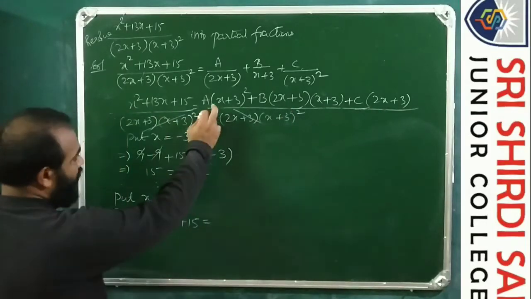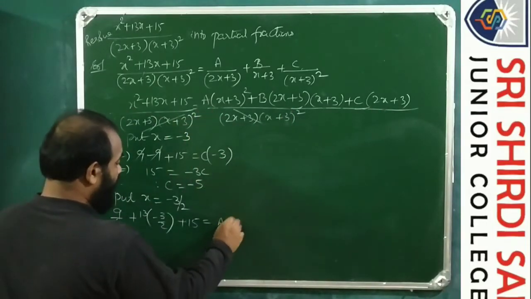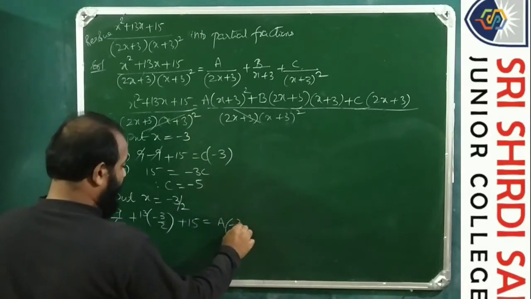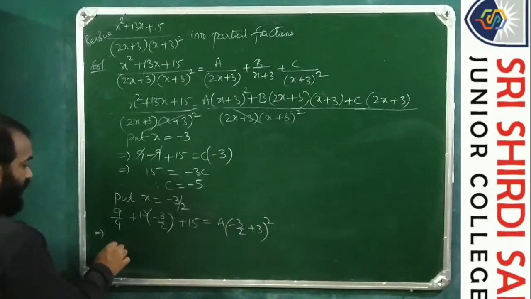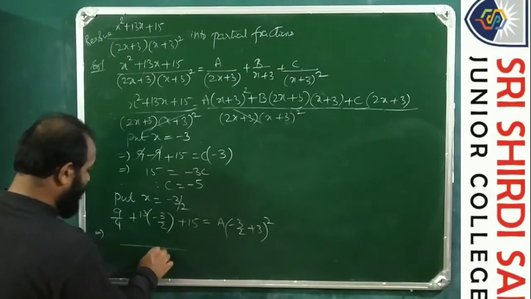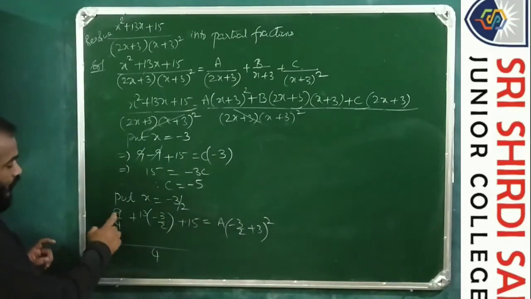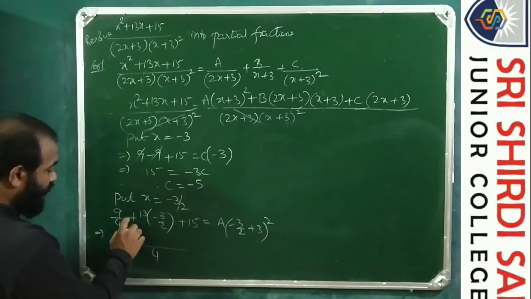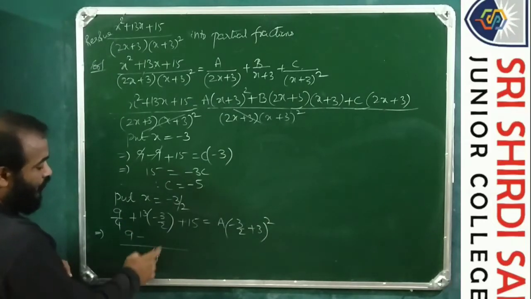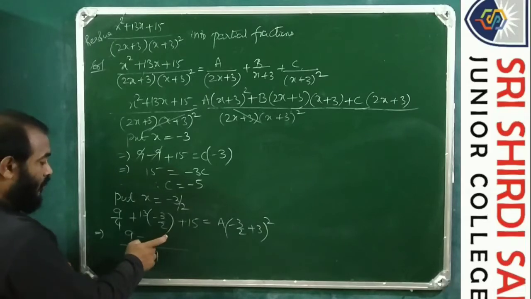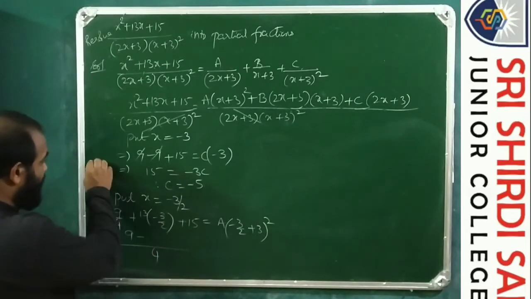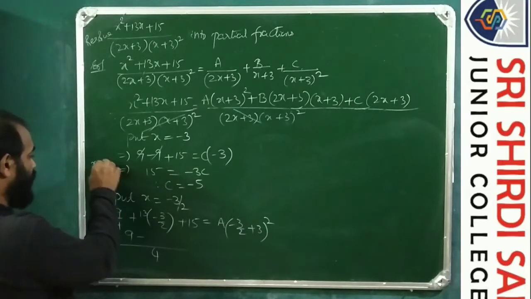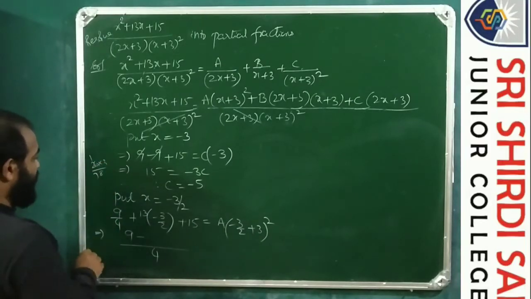We are left with the first term itself, A into minus 3 by 2 plus 3 whole square. This is equals to LCM is 4. So 9 by 4, plus, minus 4 by 2 is 2, so 2 13s 26, 26 3s minus 78.